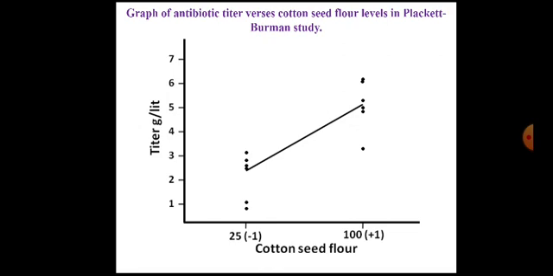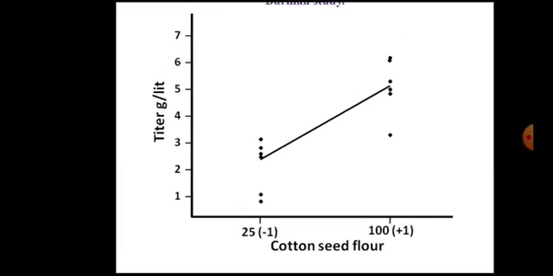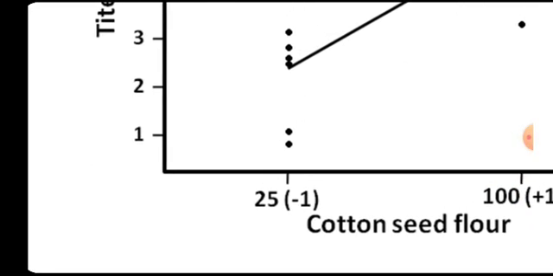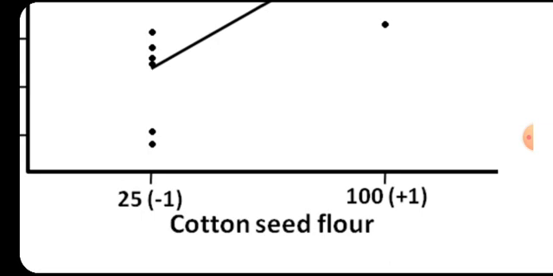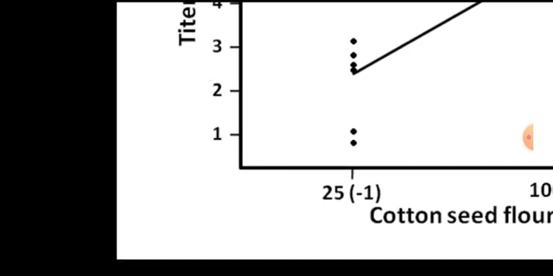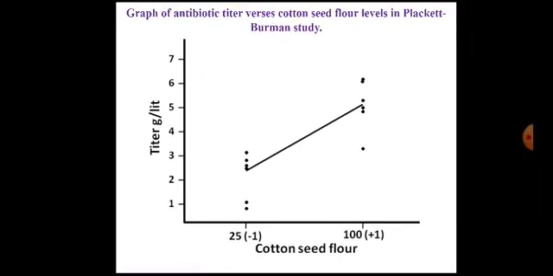It can be depicted in the form of a graph. You can see on the x-axis it is the factor settings for cottonseed flour. These are the 2 factor settings, -1, that is 25 grams per liter, and +1, that is 100 grams per liter. On the y-axis it is antibiotic titer in grams per liter.